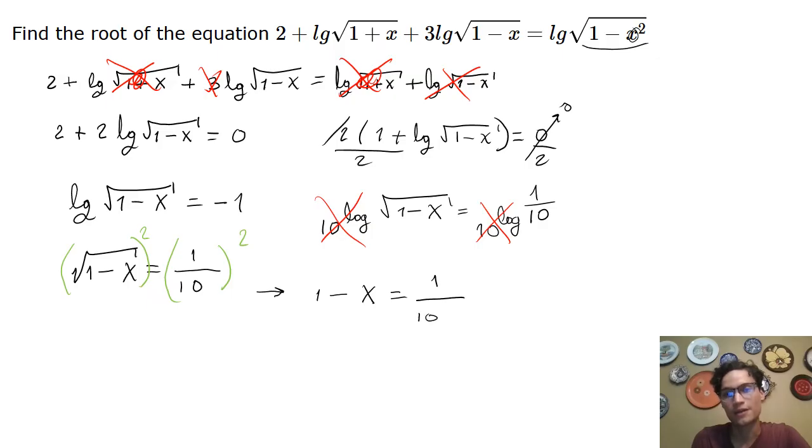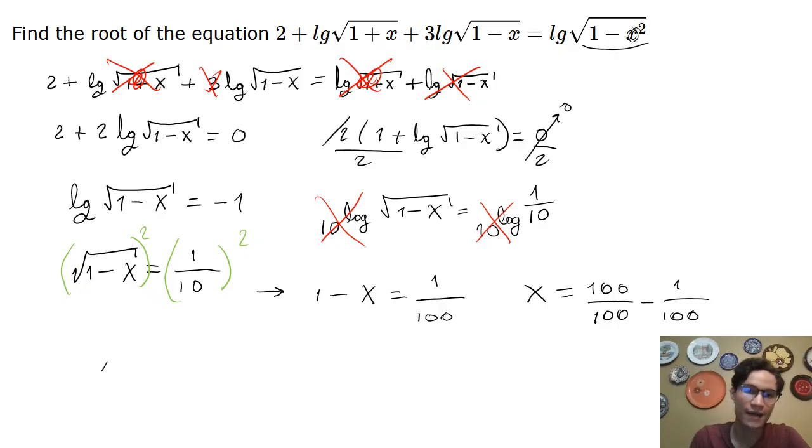And the only thing left in this part of the problem is some algebra, and we get that x must be equal to 100 over 100, which is 1, minus 1 over 100. So x will be equal to 99 over 100, which is a little bit less than 1.